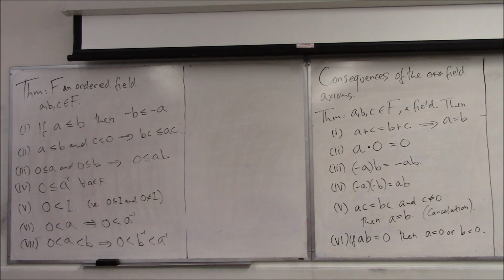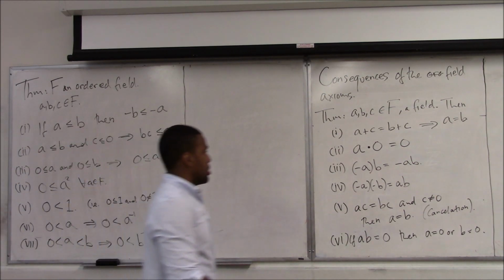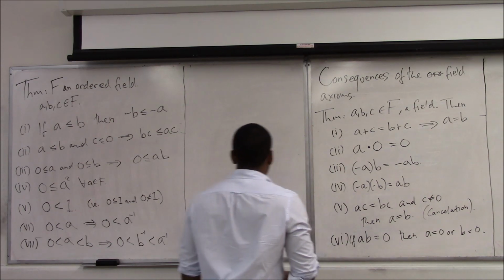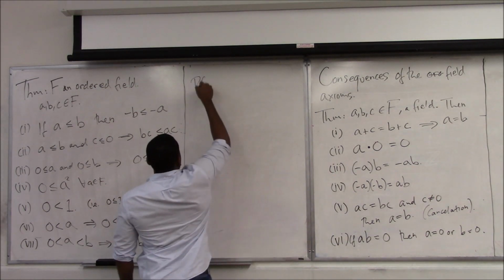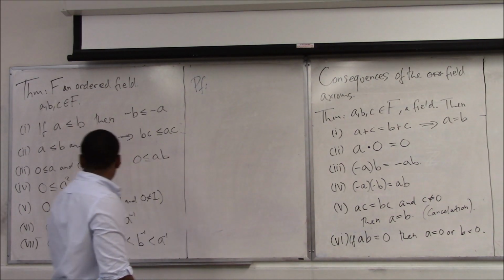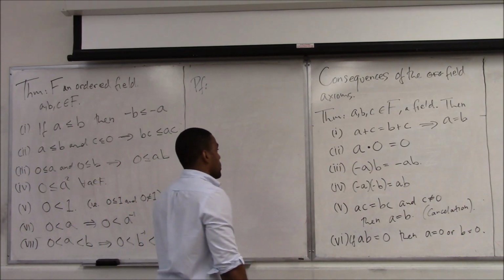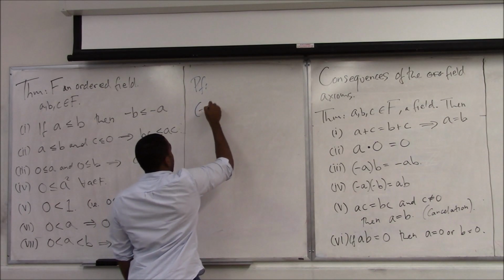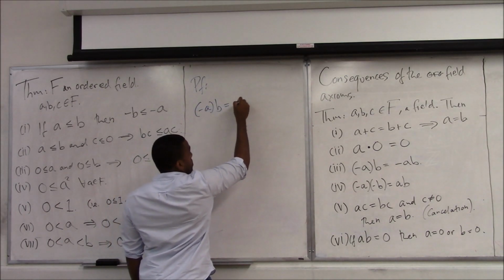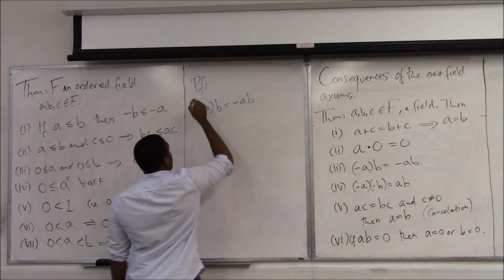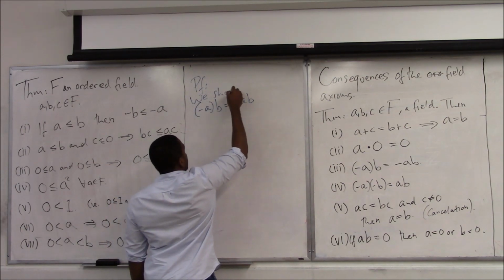I don't remember which ones it proves, but I don't want to spend a lot of time on this, so let's prove one. Let's show that I can factor out this minus sign. We show this is true.